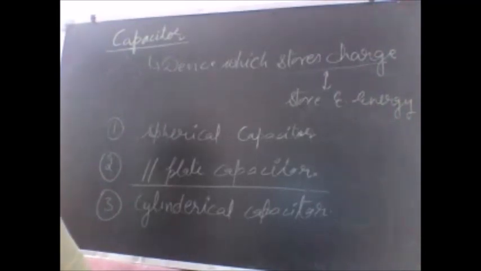In the spherical capacitor, the easiest configuration is simply a spherical ball which is a conductor. This also is a capacitor. So we'll keep our focus on this spherical conductor which is behaving like a capacitor.